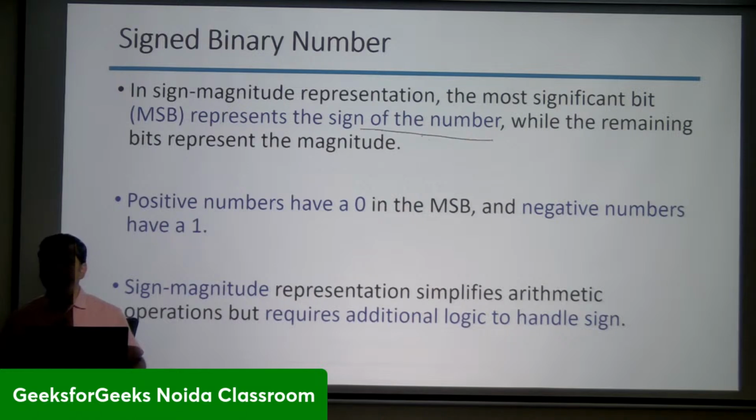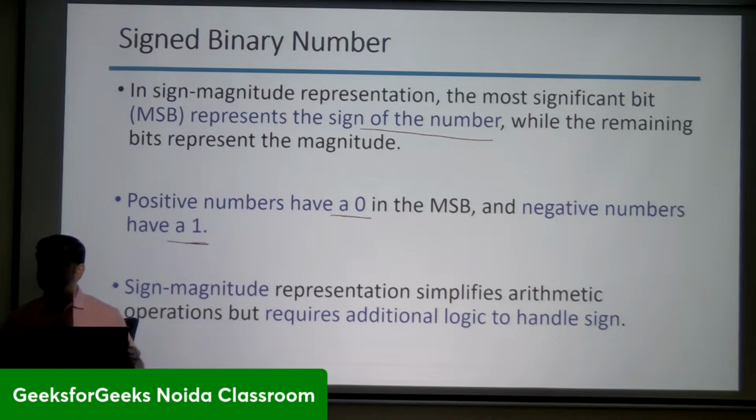Okay, in any particular case, MSB is represented by the sign. Okay, while the remaining bits represent the magnitude of that particular number. Okay, positive numbers have a 0 here at the MSB and negative number has the 1.